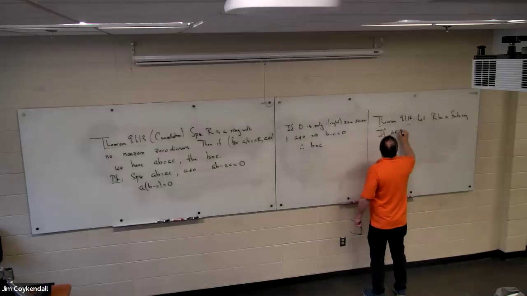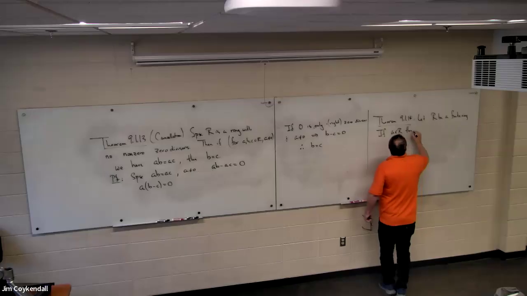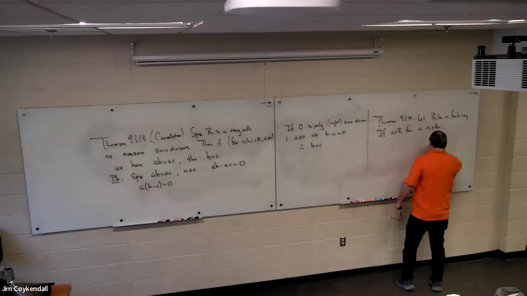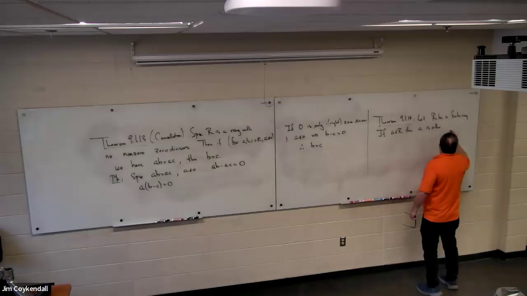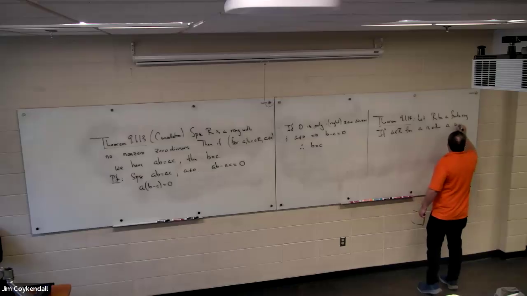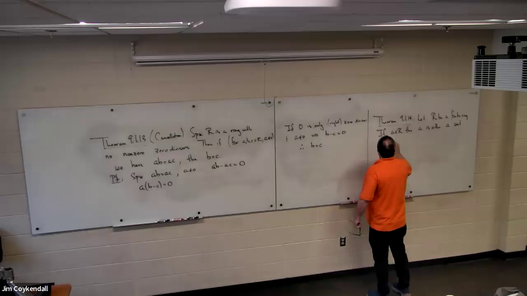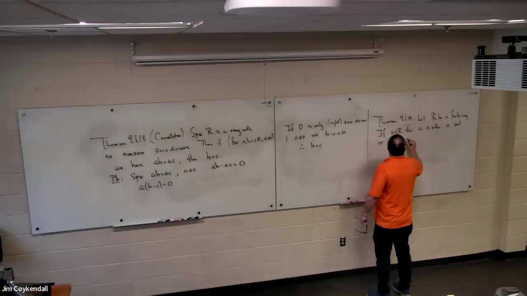If A is in R, then A is either a unit or a zero divisor. Sorry.